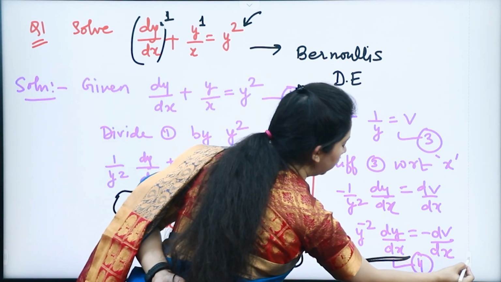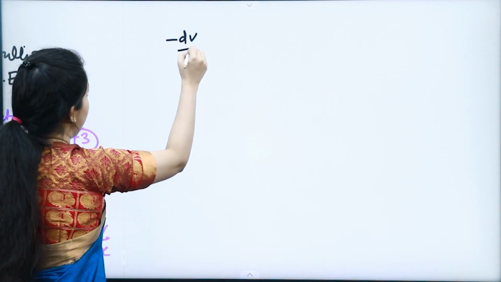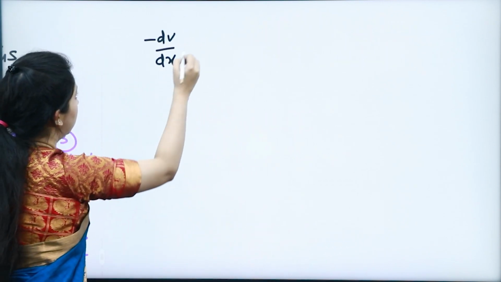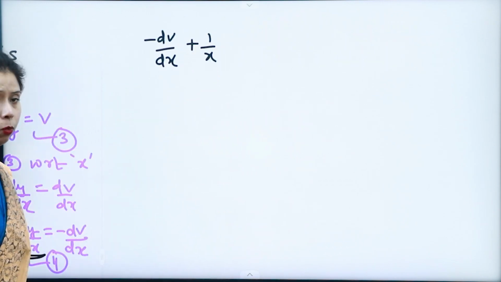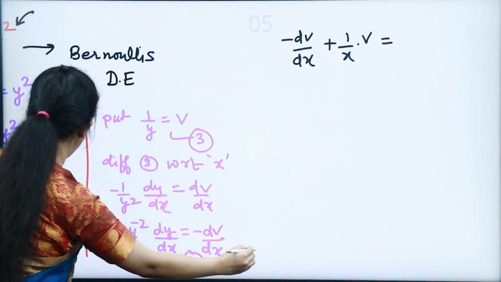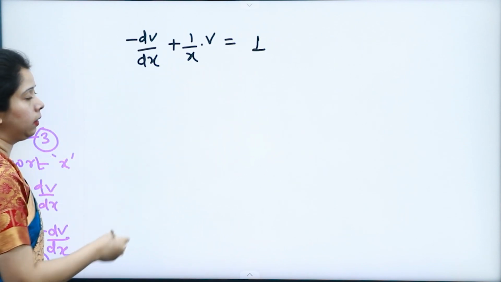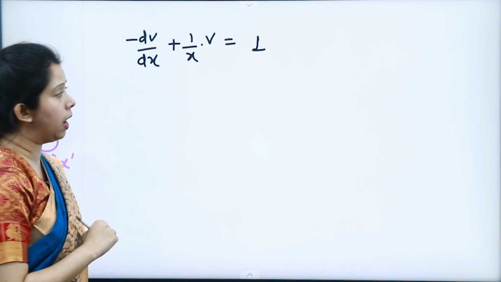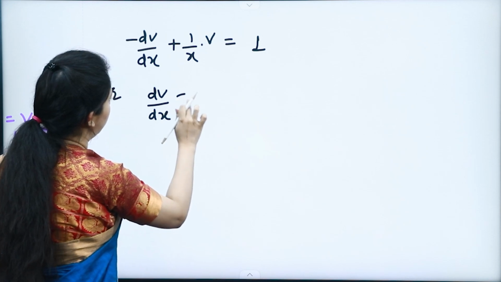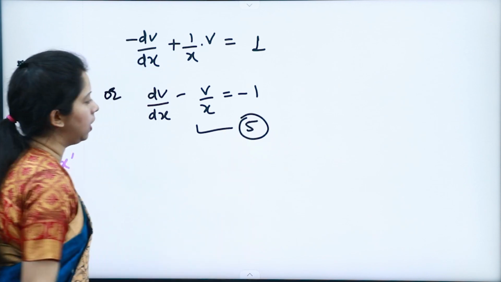So therefore the equation transforms to, we will get minus dv by dx, this is the first term, and then we have plus 1 by x into 1 upon y, and 1 upon y is nothing but v, is equal to the right hand side of the equation, which is 1. So now we can simplify it, we can multiply the whole equation by minus sign, so we will get dv by dx minus v upon x is equal to minus 1. So this we can mark as equation number 5.